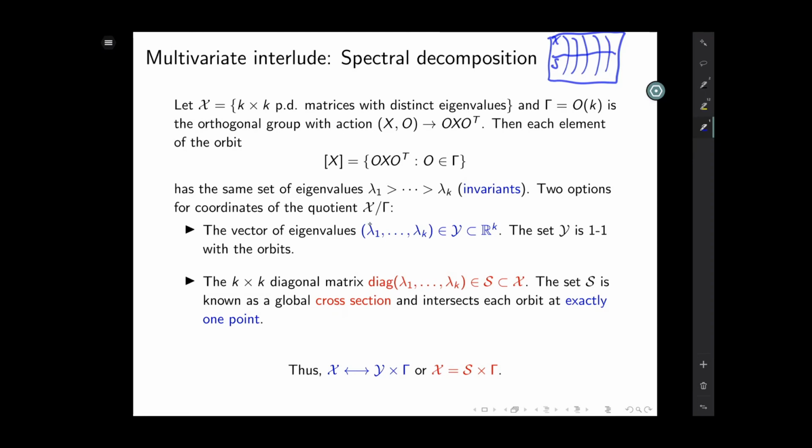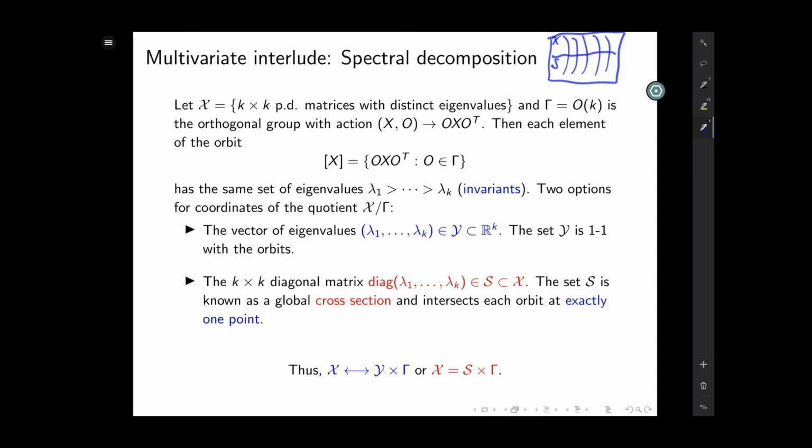With the first one, I have a one-to-one mapping between the space of PD matrices and a product space containing these eigenvalues times the orthogonal matrix. That means every PD matrix can be uniquely decomposed into a vector of eigenvalues and a single orthogonal matrix.